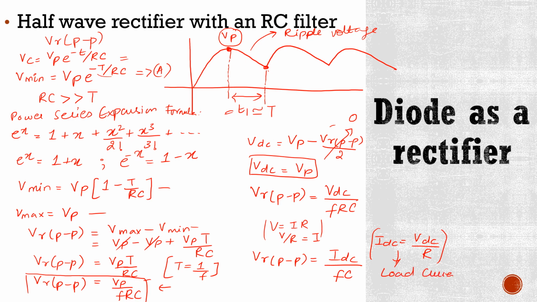Okay, so this is the expression of peak to peak ripple voltage in terms of DC load current for a half wave rectifier.